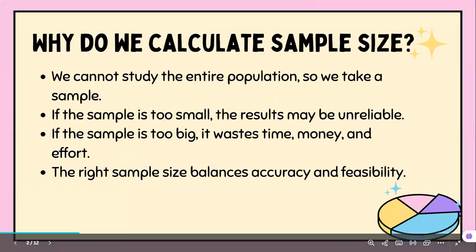So students, why is there a need for a sample size calculation? As you know, it's very difficult to include the entire population in our research work because it's not feasible and it's not under control. So we take some individuals which represent the entire population, and the representative individuals are the sample of the population.